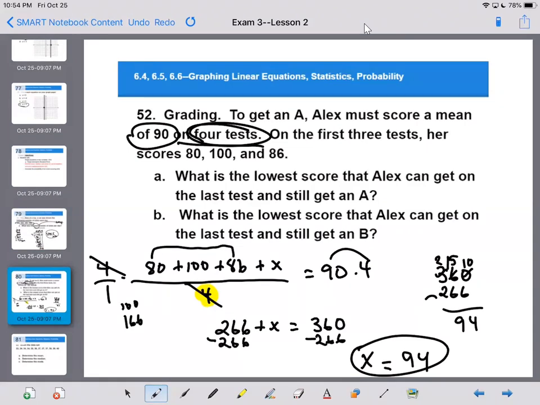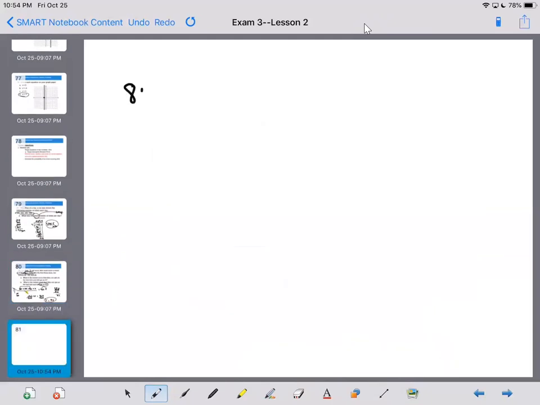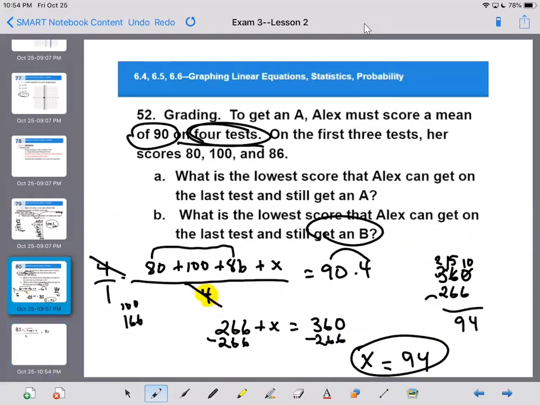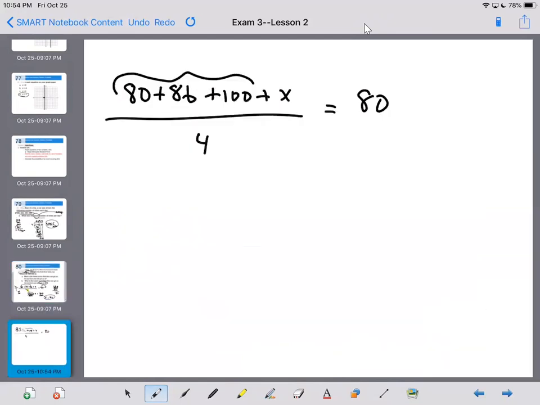Now, what if Alex wants to get a B? So now we've got 80 plus 86 plus 100 plus I don't know, but we would divide by 4, and we're saying to get an 80, we have to set it equal to 80. Well, we already know what these are going to equal, right? That's going to equal 266. So that's 266 plus x is equal to, because we've already multiplied both sides by 4, so that would equal 320.